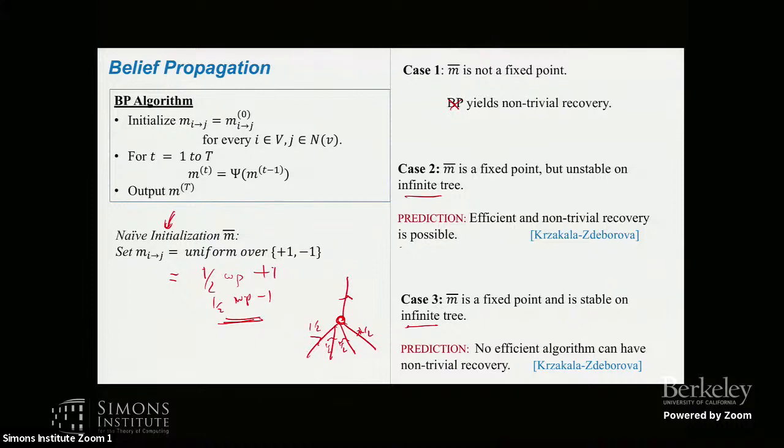In recent work with Mohanty and Liu, we show that this positive side is true for all Bayesian CSPs, all of the models. It's a generalization of the BLM non-backtracking walk for community models. So in all the blue regions, there is an efficient algorithm to get non-trivial recovery. So that prediction has been confirmed.